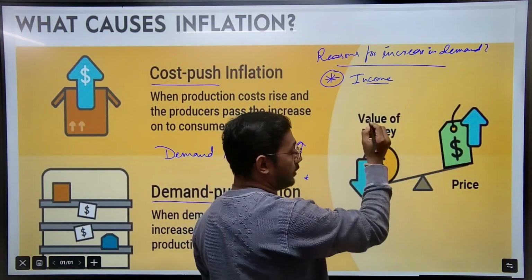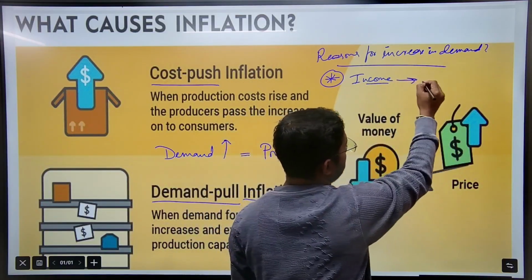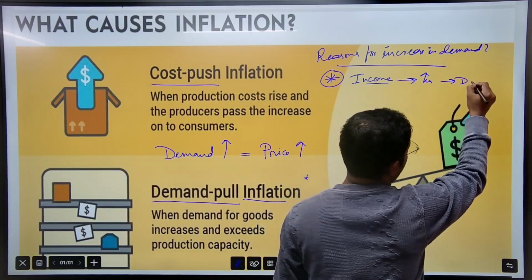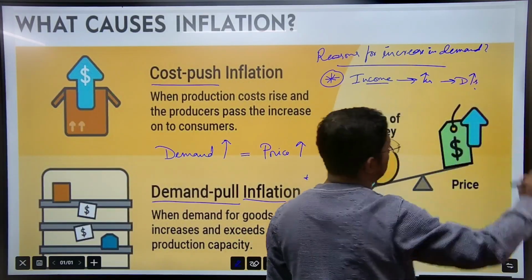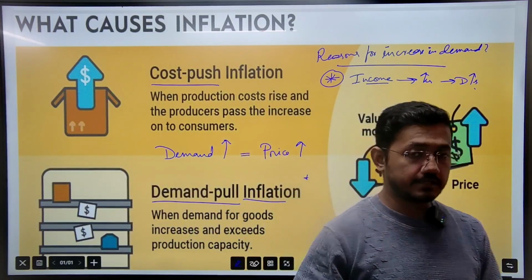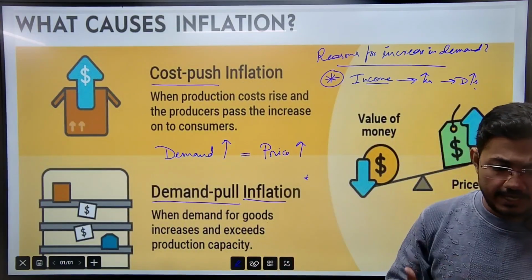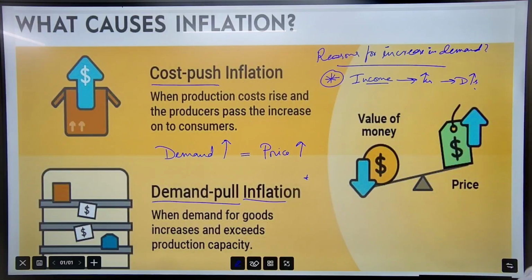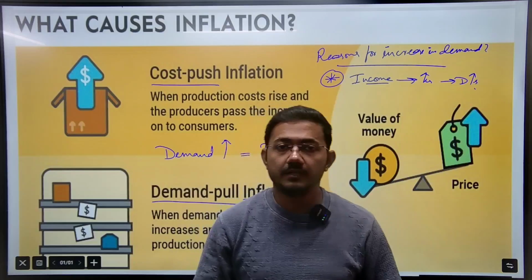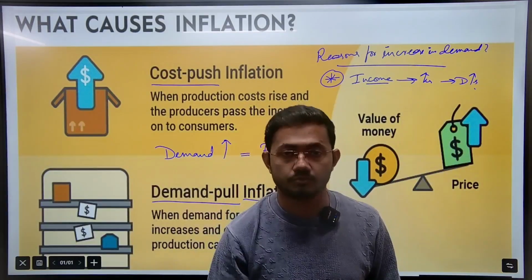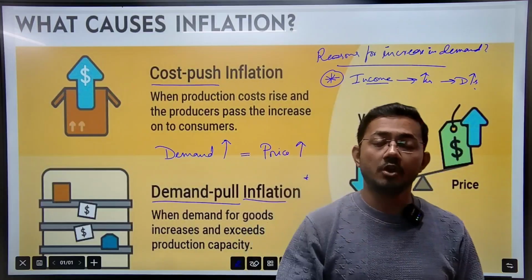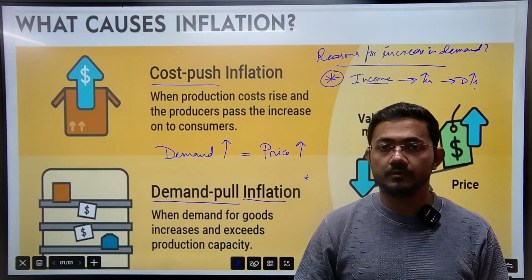Simple. If your income increases, then the demand for goods will also increase. If your salary has increased from last month, it is a very natural human instinct that you will ask for more goods, because due to money you need not compromise now.